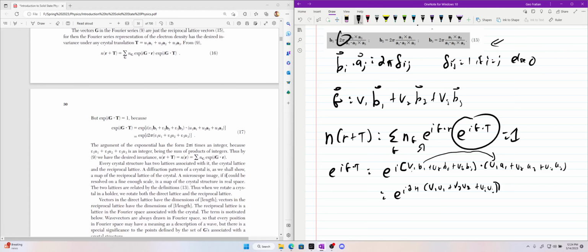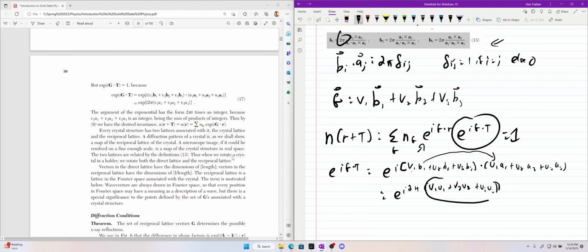And what happens then, we know that in this expression v1 is an integer and u1 is an integer, so an integer times an integer is always an integer. So I have one integer, 2 integers multiplied together, which is still an integer, plus 2 more integers multiplied together, plus 2 more integers multiplied together, which is always an integer, right?